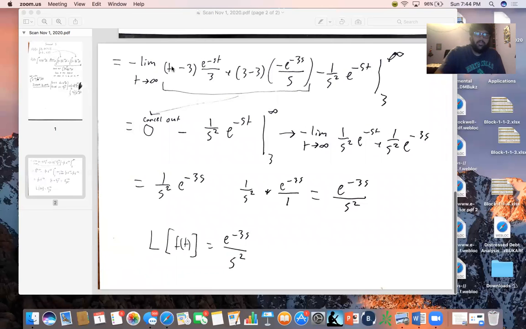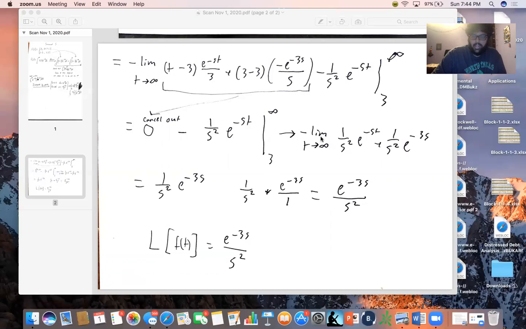This part right here, which I underlined, is going to cancel out to get 0, because 3 minus 3 makes 0. Then we're left with the negative of negative 1 over s squared e to the negative st, from 3 to infinity.